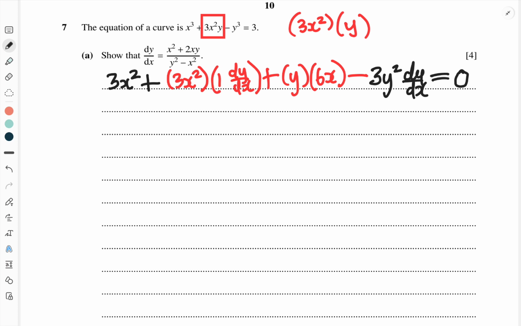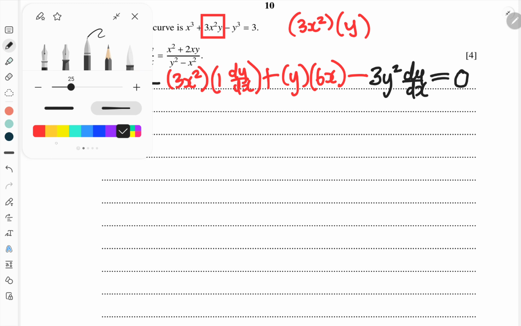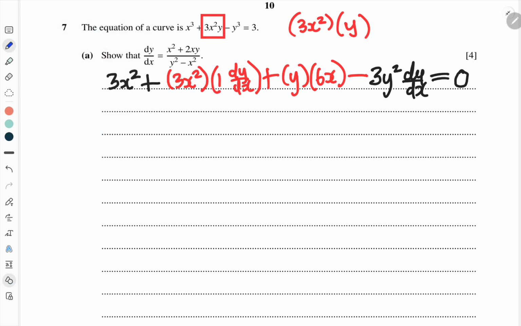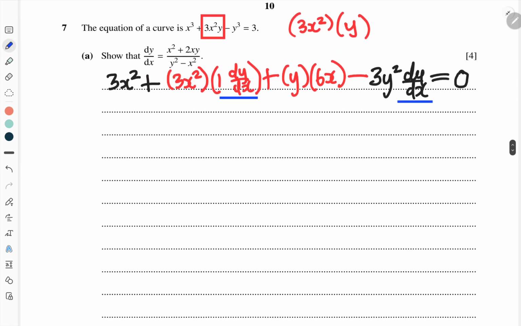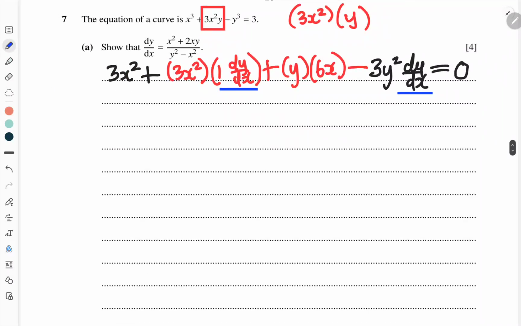You are now supposed to make dy/dx the subject of the formula. So how are you going to do that? We are going to remain with the dy/dx terms on the left-hand side, and at the same time, we are going to factor out our dy/dx. Dy/dx factored out from this first term becomes 3x squared.